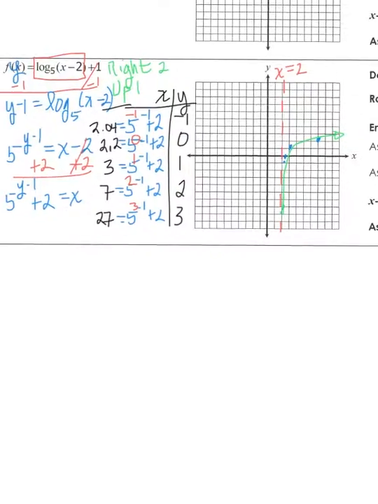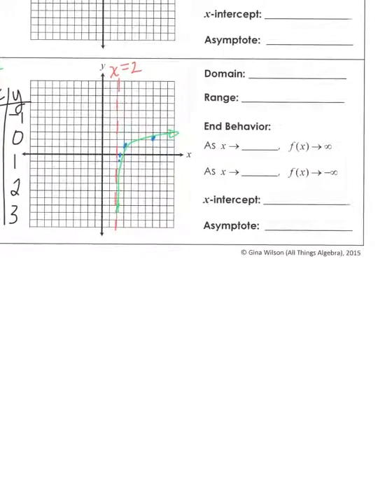And so this is what our graph looks like. So then for domain, it's going to start at 2 and go to positive infinity. Your range doesn't change. It's negative infinity to positive infinity. And then as y is approaching positive infinity, here's where y is going up and x is going to the right. So since x is going to the right, that's positive infinity.